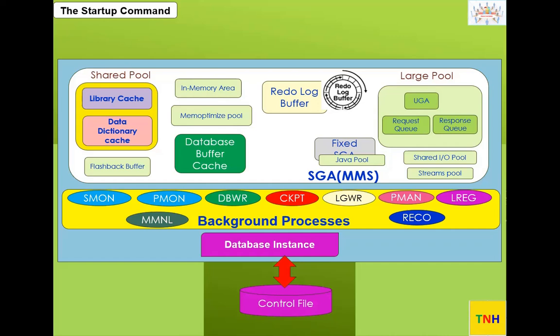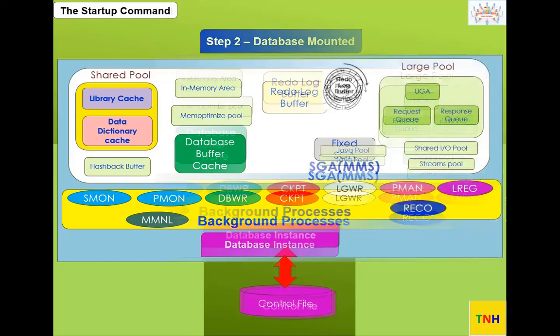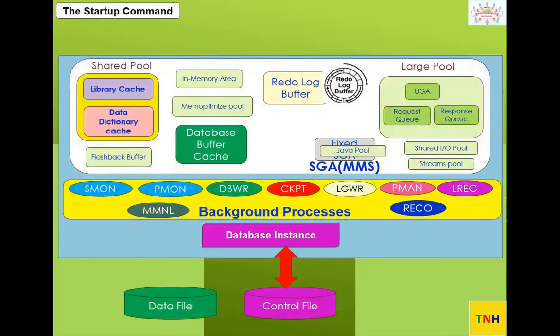So therefore, without opening the control file, it cannot proceed to open. So that's why second step is mount: open the control file, get to know where are the rest of the DBF files, rest of the physical structure. That means rest of the log files and DBF files, locate them and continue to open. This is what's going to happen.